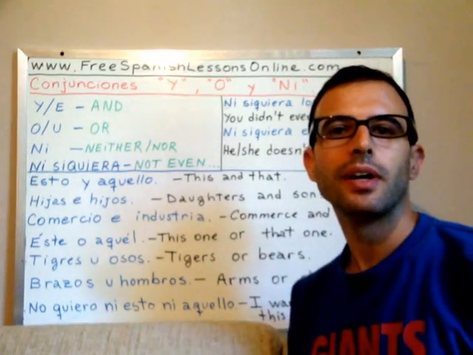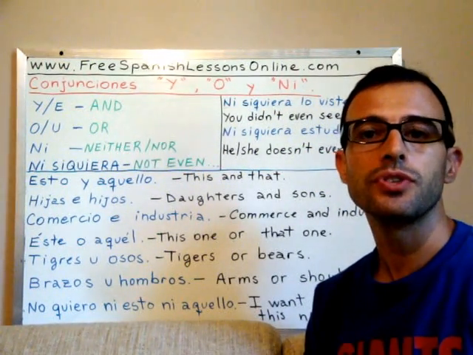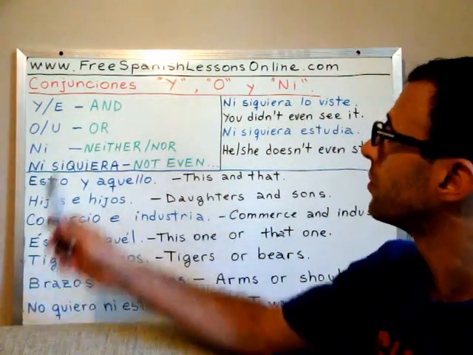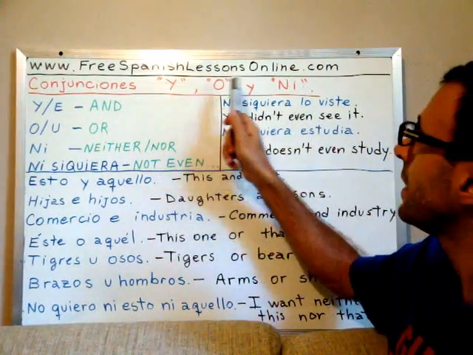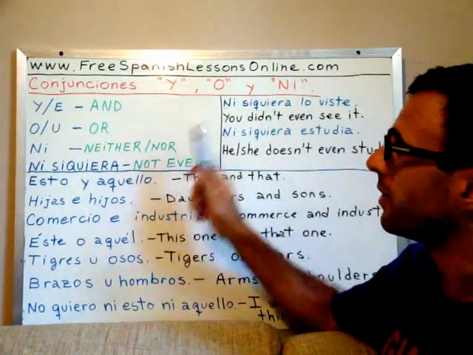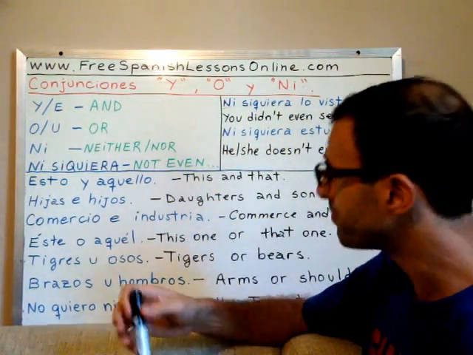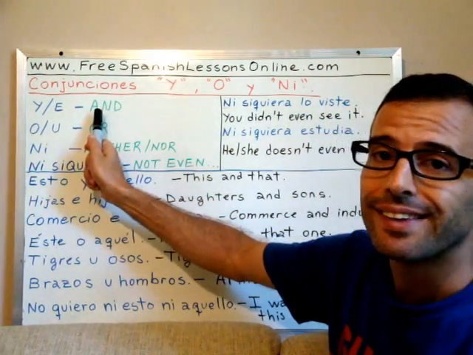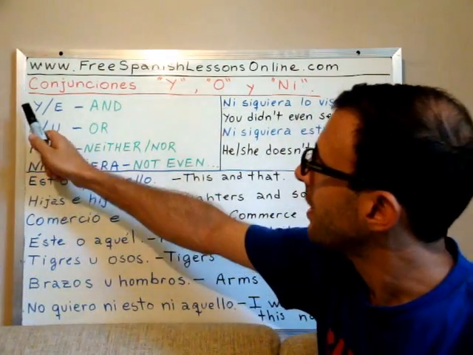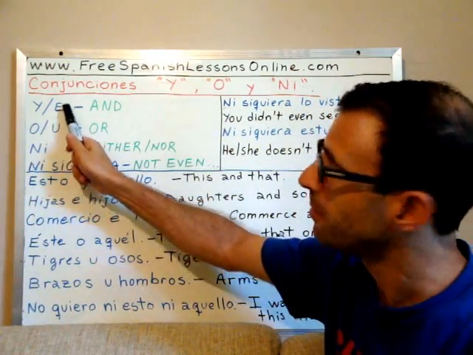Hi again. Today I want to show you 3 Spanish conjunctions. These are conjunction words. The word and, or, and neither or nor. That's y, o, ni. Okay? So, the word for and in Spanish is y, simply like that, or e, right?